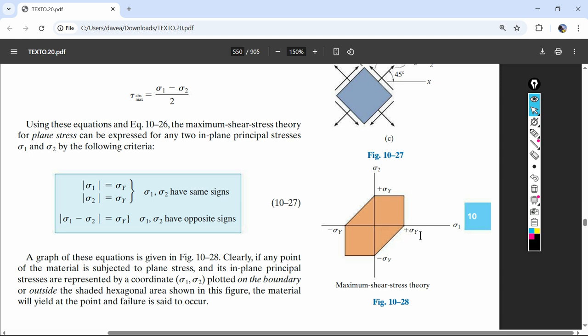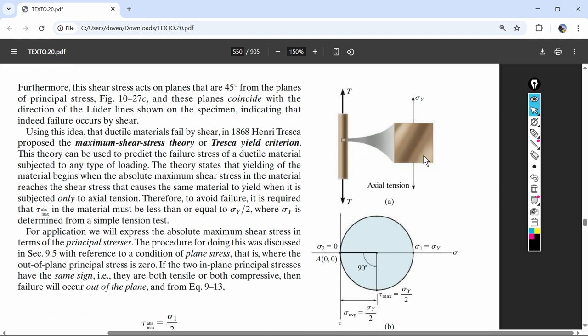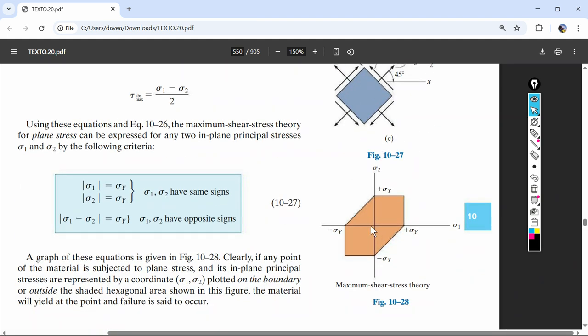So they're using this by knowing the yield stress. If this is principal stress number 1 and principal stress number 2, then principal stress number 2 is just 0, just like the picture shows. I'm going to go out on this line to here, and I'm going to get to that point. And then the principal stress is going to equal that yield stress.